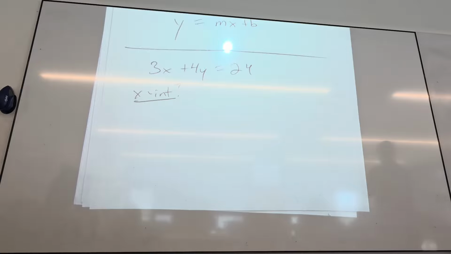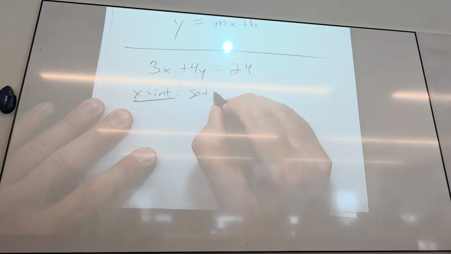So the minute you have a different power on any variable, it's not linear. Obviously, if the x was squared, it would be parabolic, quadratic. So far, so good?